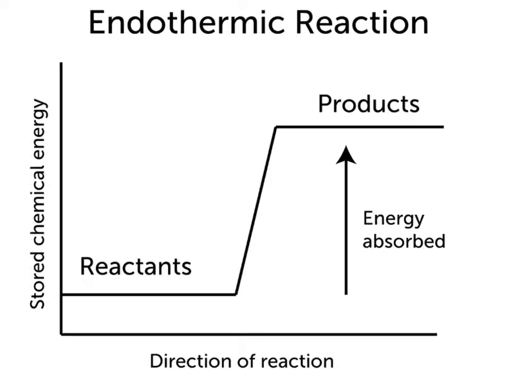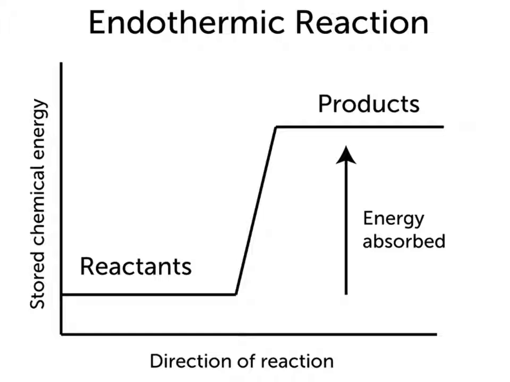chemical equation. This is a diagram showing an endothermic reaction. This is a reaction that absorbs energy from the environment. So the reaction is proceeding from left to right. The amount of energy being absorbed in the chemical process is on the y-axis.